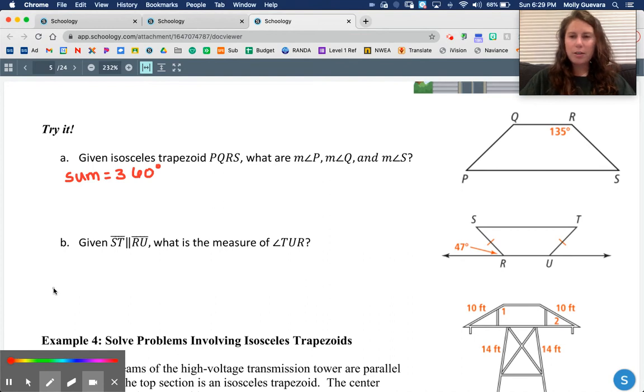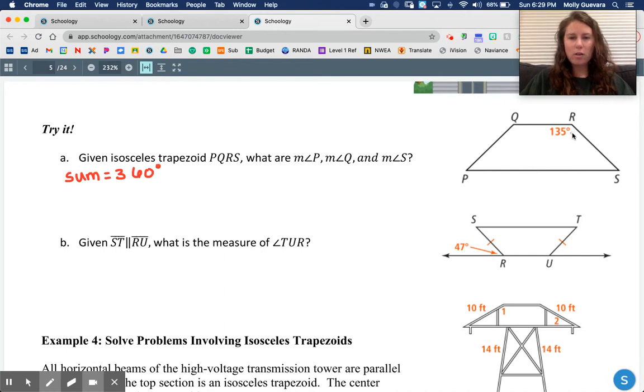All right, so hopefully you tried this, and let's go over it. So I know the angle R is 135. And because this is an isosceles trapezoid, I can draw in those tick marks. Because it's an isosceles trapezoid, I know that Q is also 135.